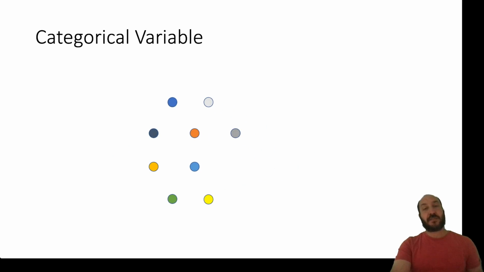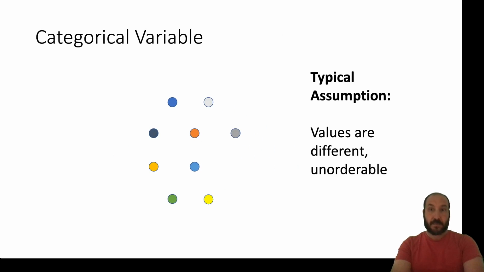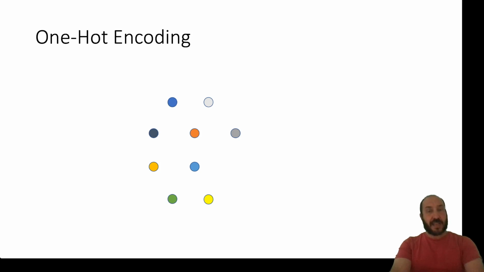Now, suppose instead of age, I just had some categorical variable. The typical assumption behind categorical variables is that the values are just different and unorderable, and essentially they have no structure. The common approaches people use in dealing with categorical variables are one-hot encoding, which essentially says I'm going to try each individual value versus all the rest of them.